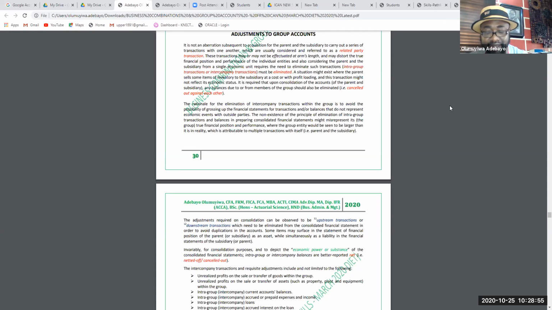But can we say that if the parent bought at 10 naira, sold to the subsidiary at 12 naira, though the parent has appropriately made 2 naira and realized, but unfortunately, as at the reporting date, which is the end of the year, the subsidiary has not been able to sell the goods to a third party, which means the goods constitute part of the stock in the hand of the subsidiary as at the reporting date, which means it constitutes part of the inventory, or what we call the unsold goods.